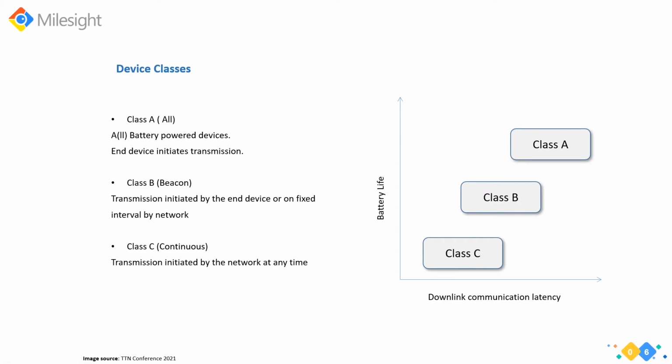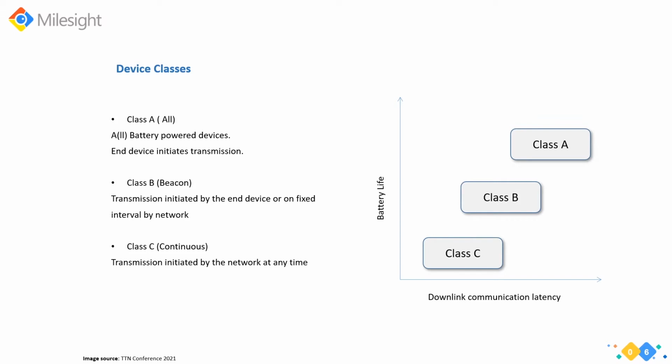What's really important in LoRaWAN is the device classes. There are 3 classes: Class A, Class B, and Class C. Class A means all LoRaWAN-based devices and sensors can support this class. Class A stands for "all."